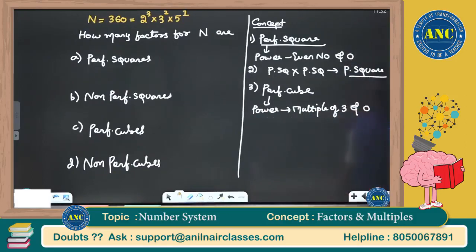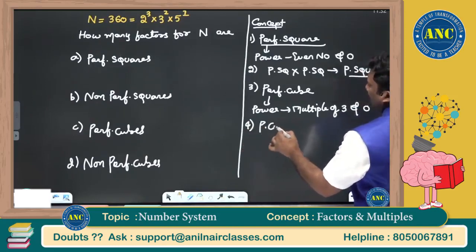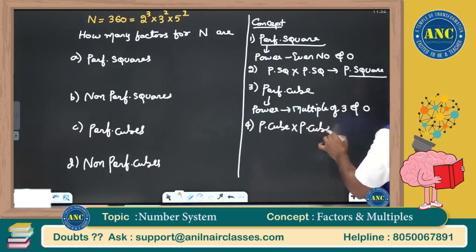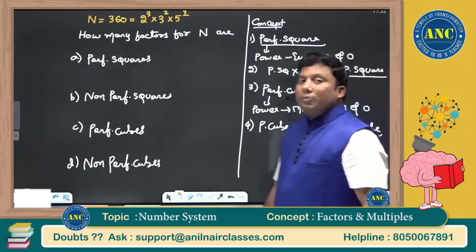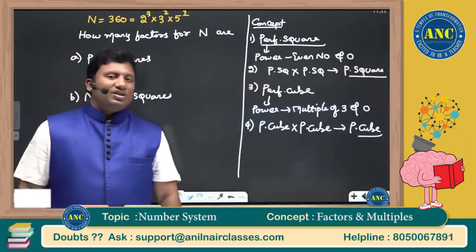One is a perfect square, one is a perfect cube. Fourth key point: a perfect cube into a perfect cube is always a perfect cube. 2 cube into 3 cube, 8 into 27, is 216, which is 6 cube.